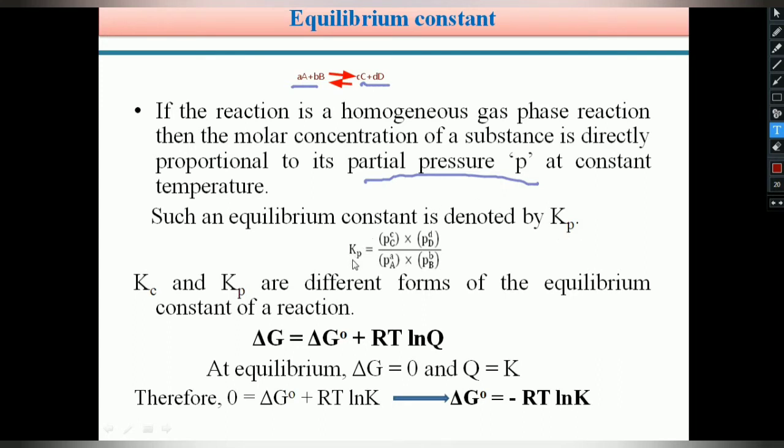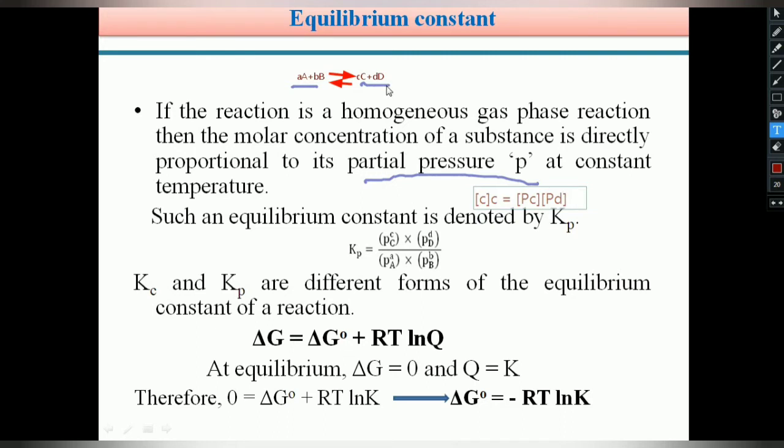Therefore, the equation becomes Kp equals Pc. Here in terms of concentration, we were using concentration of product C to the power of c. In that place we use partial pressure of C into partial pressure of D. Here small c, small d are the numerical coefficients in a stoichiometrically balanced equation.